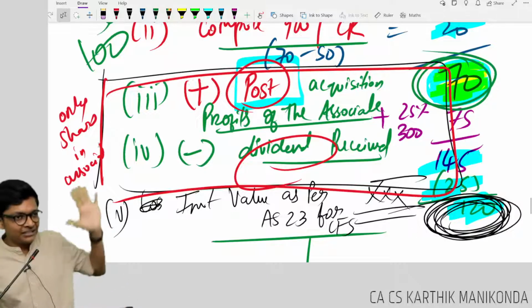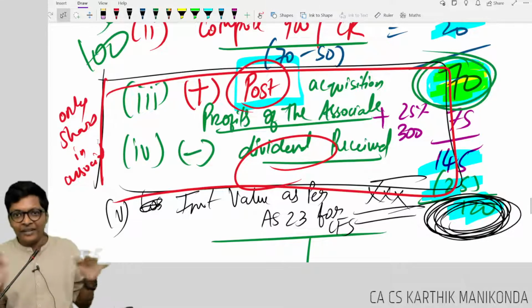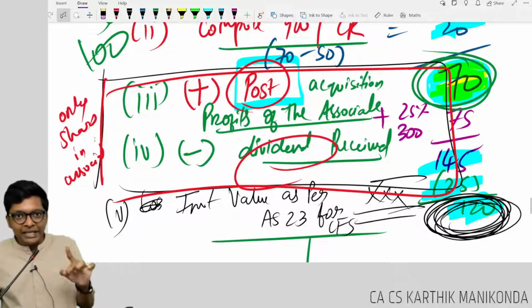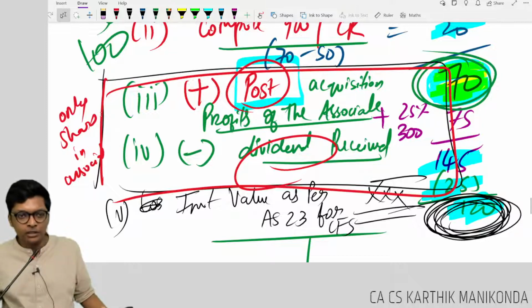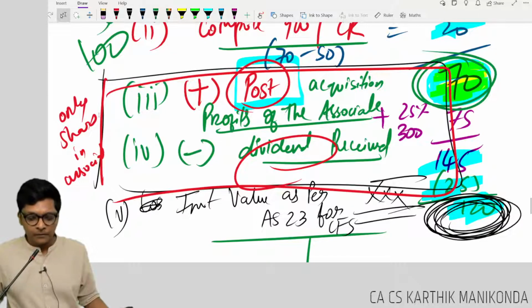Point 3 and 4, total it and take only my share. Very important. Are you following, guys? Common mistake. Don't repeat that mistake, or don't even make it.